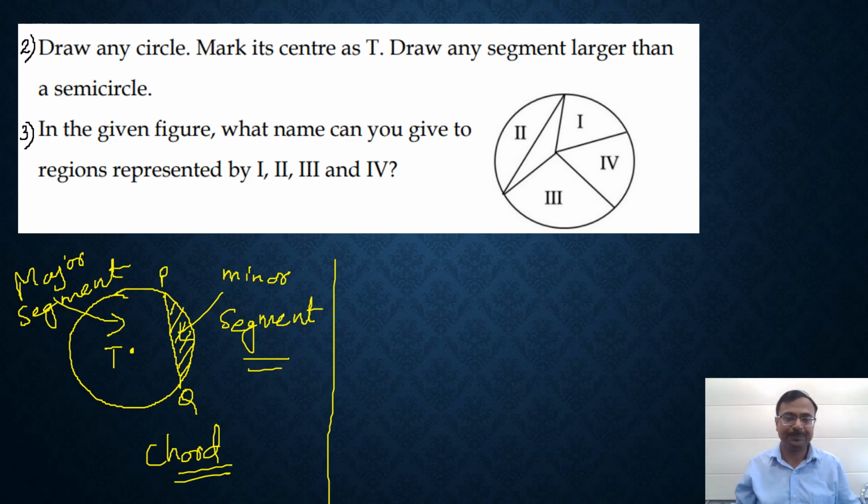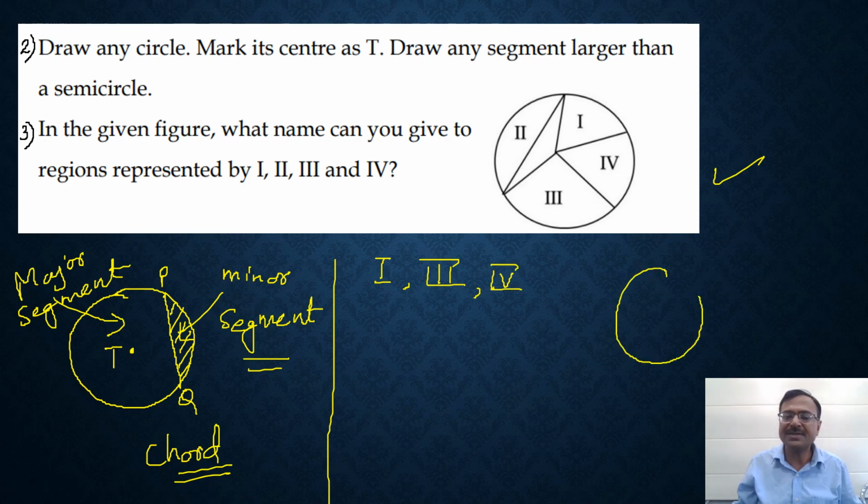Now if you see question number 3, he is asking you to name the figures or the regions which are represented by 1, 2, 3 and 4 in this figure. Let's see 3 and 4. They all are a circle, and from the center you are drawing two radii and enclosing something between the two radii like this.